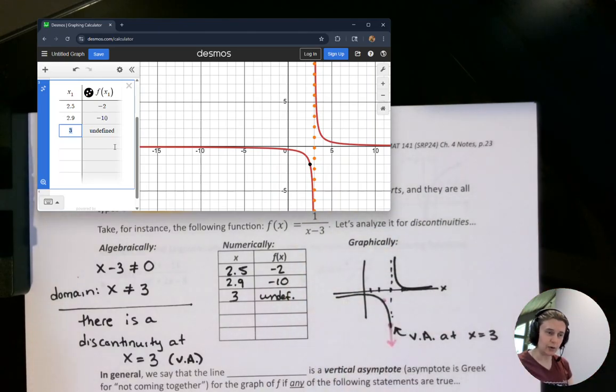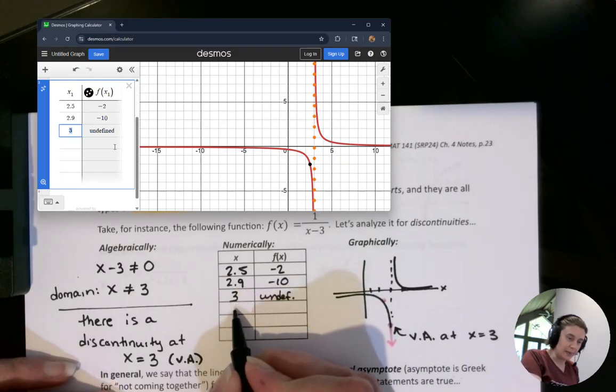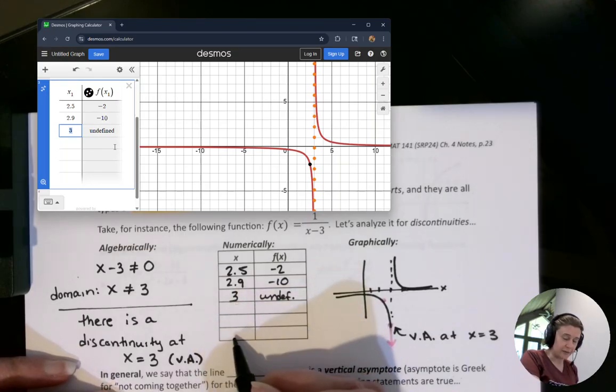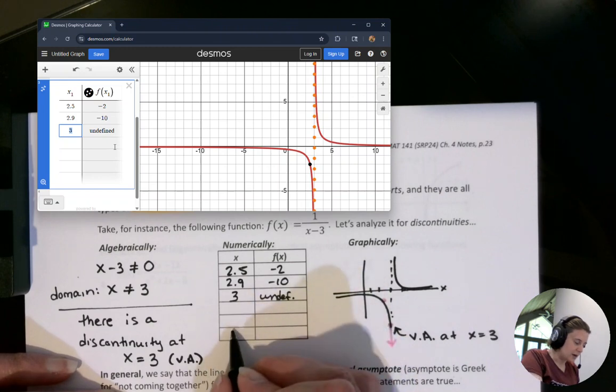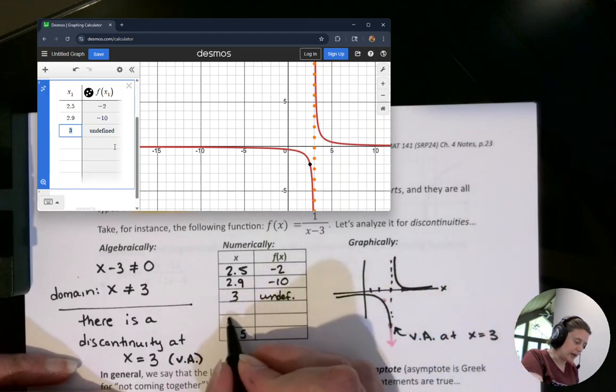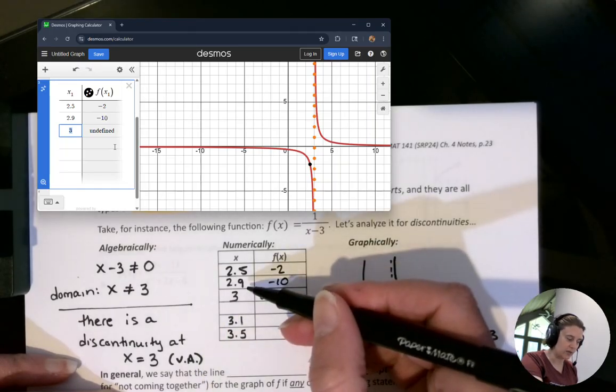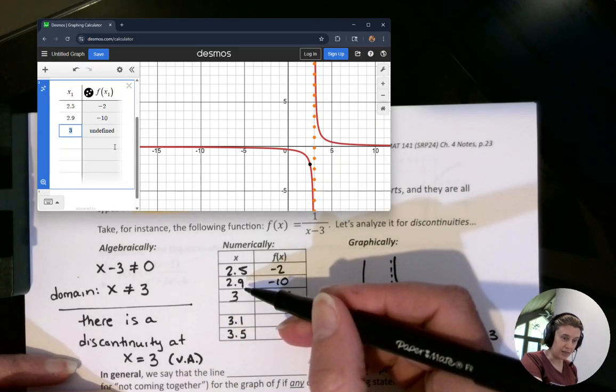Let's see if we can get a little closer to it on the other side. So on the other side, if I think about numbers bigger than 3, 4 is definitely too far away. But I might start here with 3.5, and then we're going to get closer. So if I want closer to 3, I could be at 3.1. That's kind of similar to what we did here with the 2.9. It's a 10th away.